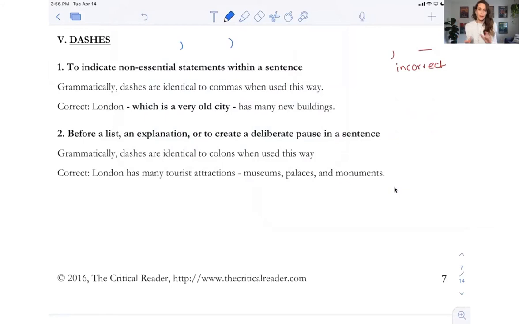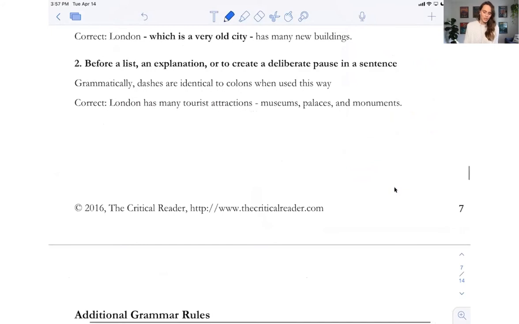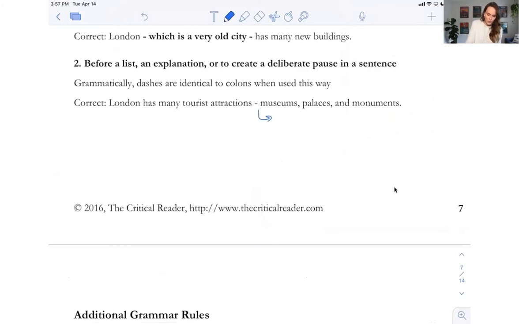A pair of dashes is going to set off the non-essential information, or information that if you read the sentence without what's between the dashes, it's still a sentence. It still makes sense. You could also use a dash the same way as you would a colon. And these are kind of more confusing ways to use dashes, in my opinion.